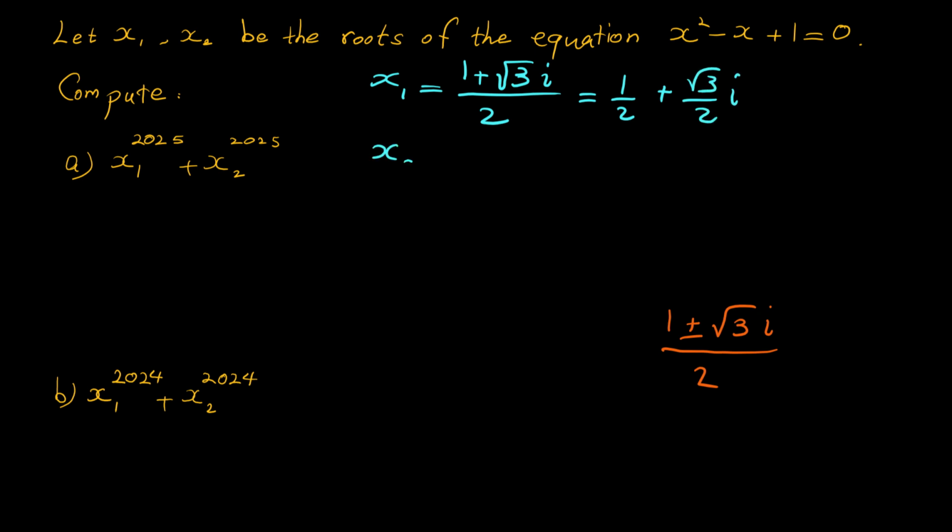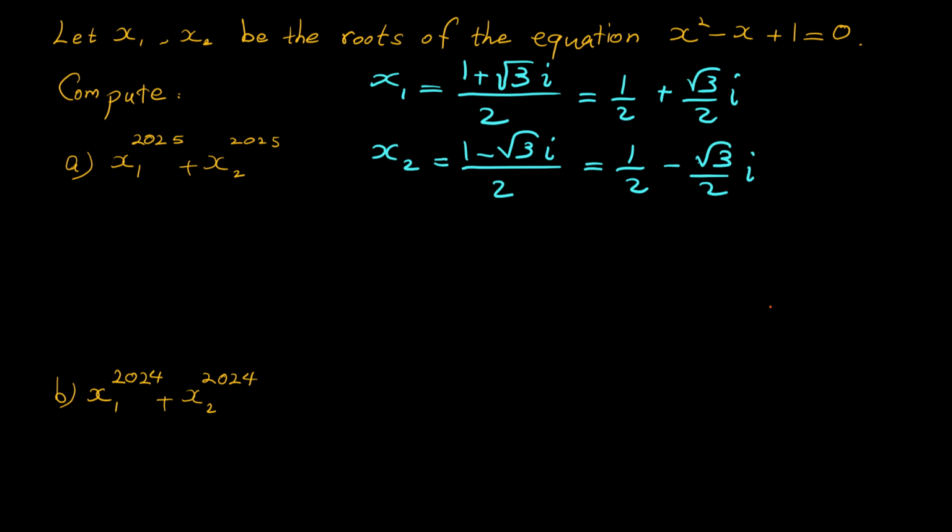And the other root, x2, is (1 - radical 3 i)/2, which can be written as 1/2 - radical 3 over 2 i. So these are the roots of this equation.